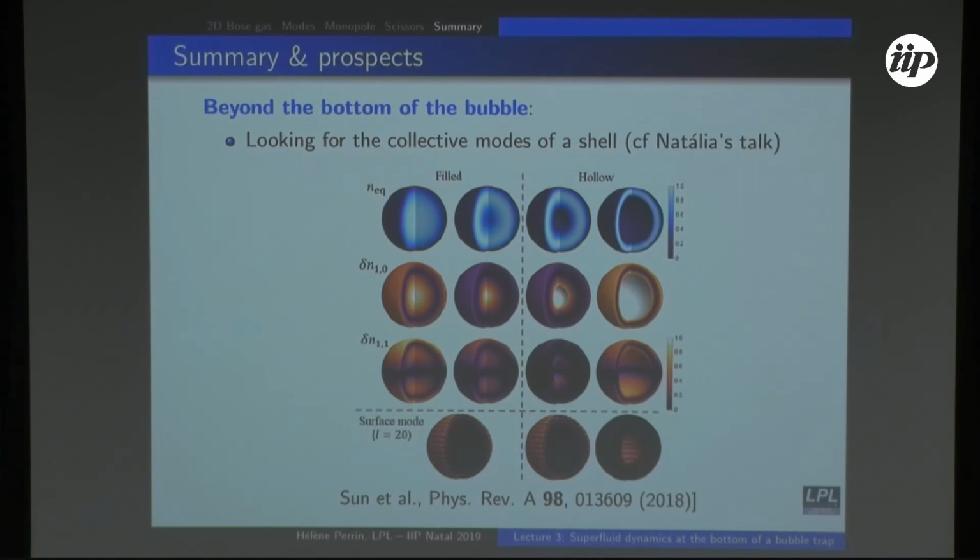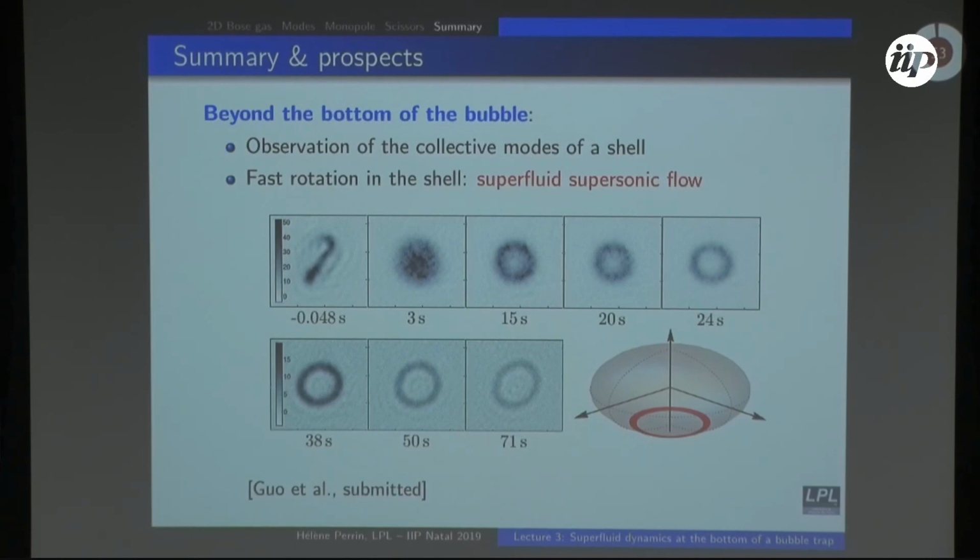And second, this will be the bridge to my seminar-like talk. When we perform a fast rotation inside the bubble, we can reach a situation where we have the atoms creating a flux, a flow, above the bottom of the bubble just because of angular momentum.